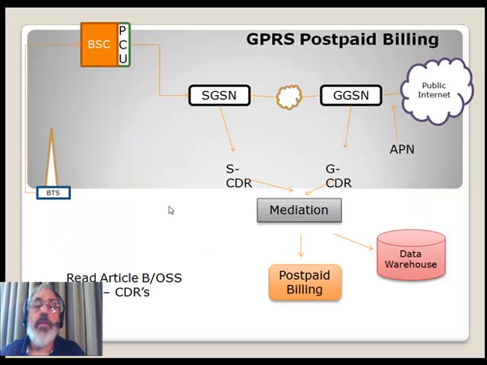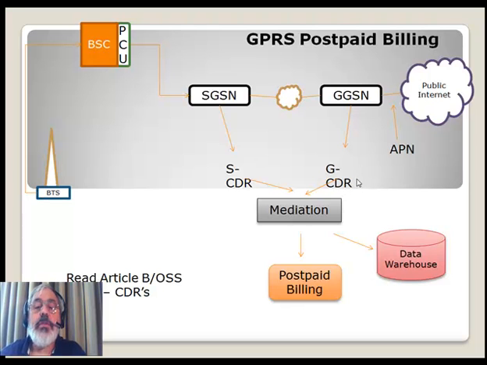The billing architecture for GPRS is very similar to that for voice. We have our BTS, our BSC, and our PCU. The PCU is sending the packets to the SGSN and then through the GGSN. In this case, both the SGSN and the GGSN create a thing called an SCDR and a GCDR.